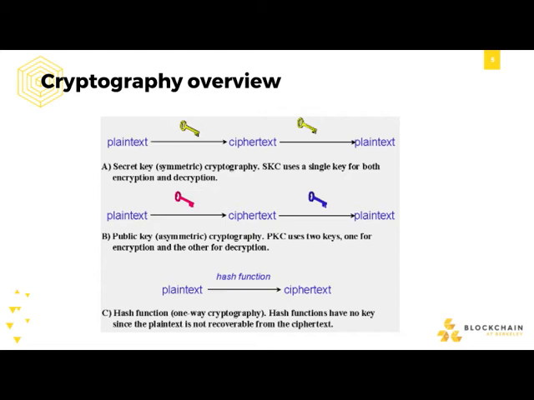If you want to decrypt that information, you use that same key to decrypt the ciphertext back into the plain text. That's why it's called symmetric cryptography, because it's just one key. The other one is asymmetric or public key encryption, which is the same except you use two different keys. You use one key to encrypt the plain text and a different key to decrypt the ciphertext.